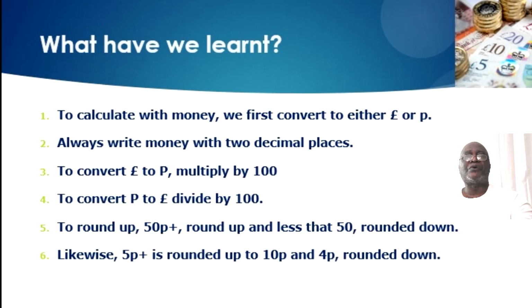When you want to convert, if it is pence to pounds, or pounds to pence, you either multiply or divide depending on the rule. When you're rounding up, apply the same principles of rounding up. To round up, you round up 50 and above, or 5 and above, as the case might be. To round down, you round less than 50 or less than 5 down to the nearest pound or the nearest pence.